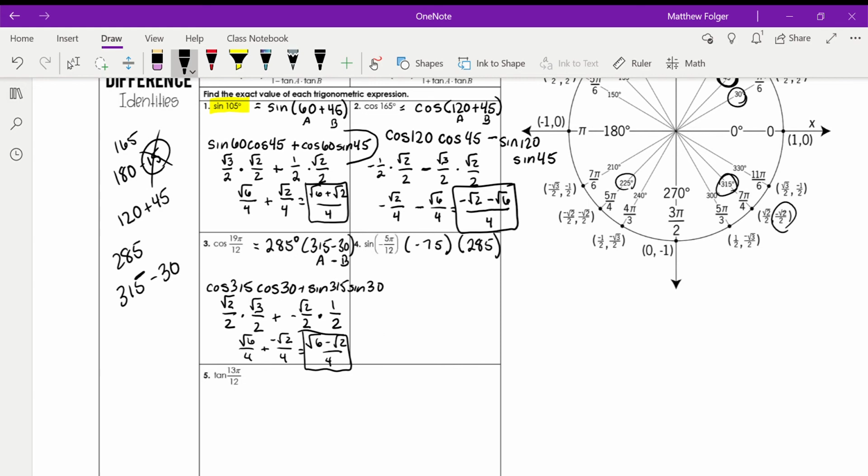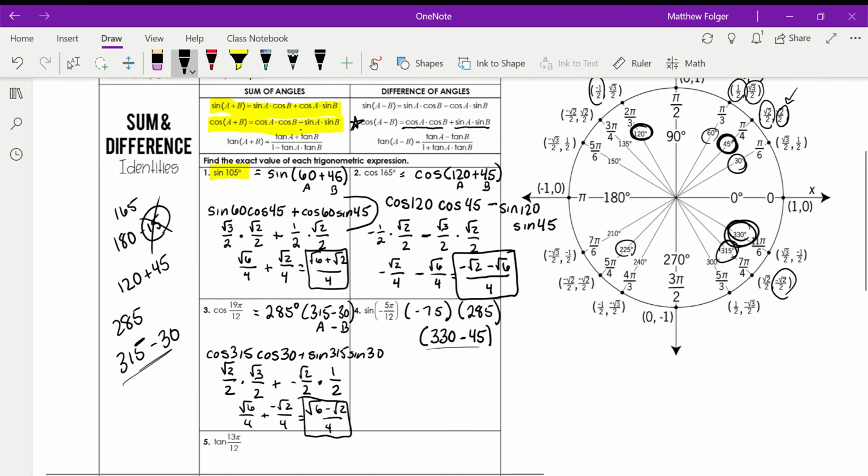So there's 285. We used 315 and 30 last time. Let's pick a different one. Why not? Let's do 330 minus 45. That's another way to do this. Slightly different, but they both give you 285, and we know 330, which is here, and 45, which is up here. So we know both of those, so let's do this.